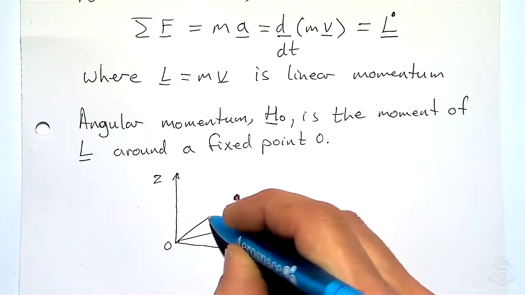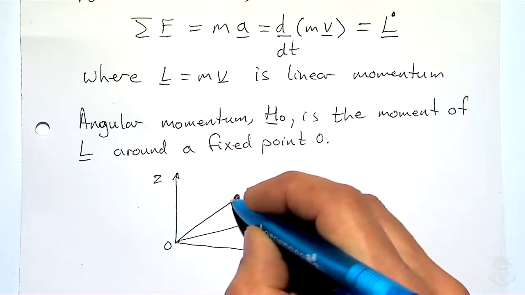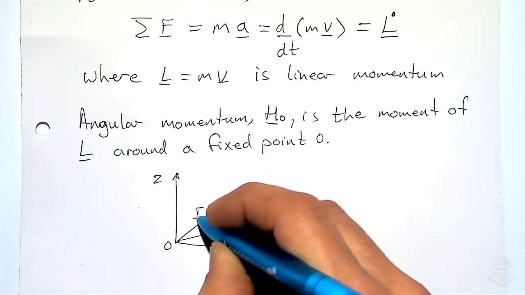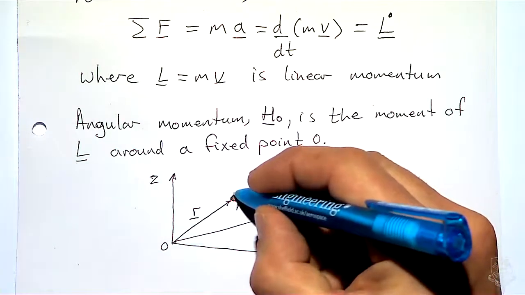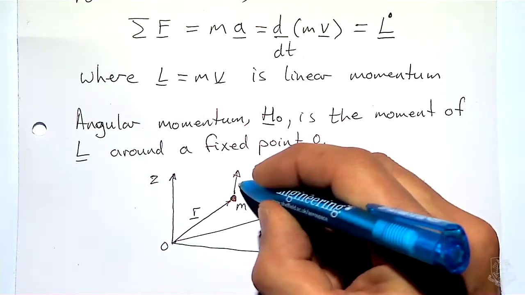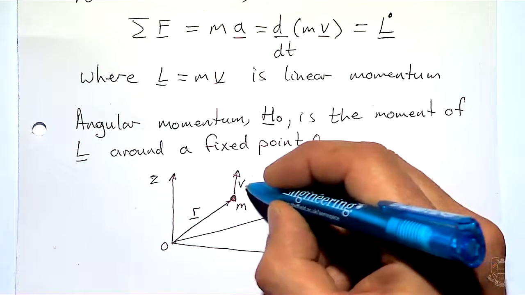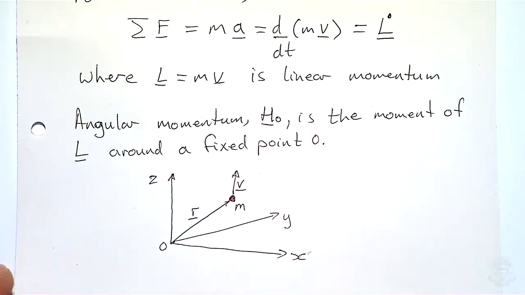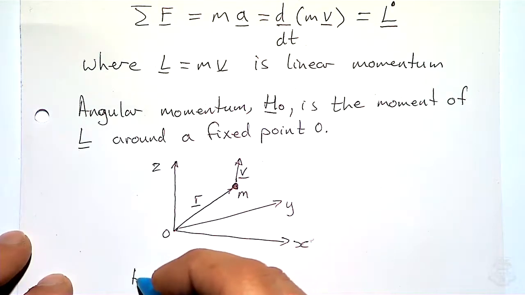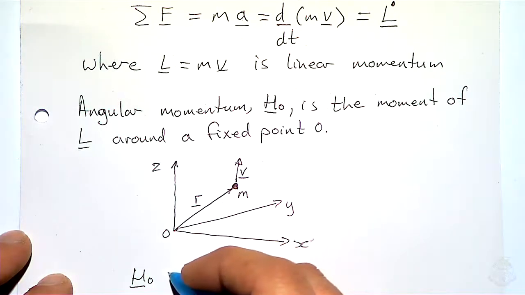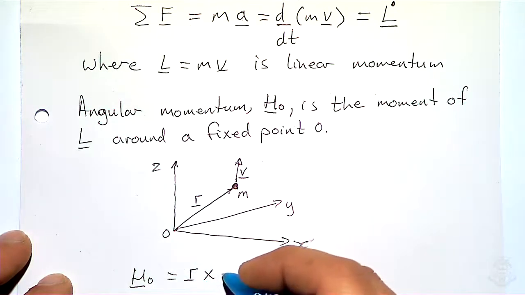So we've been defining the vector that goes from the origin or point O to the mass as r, haven't we? And then the mass is moving with some velocity v, and so the angular momentum h0 is equal to r crossed with mv.